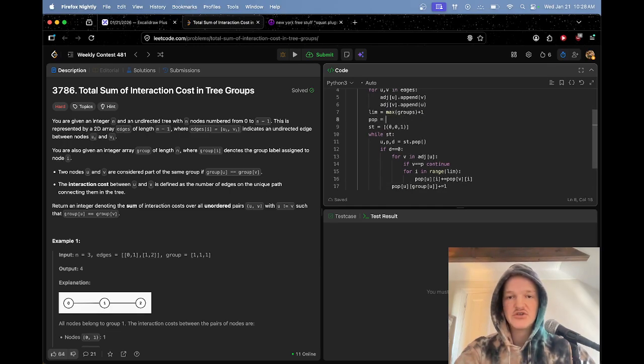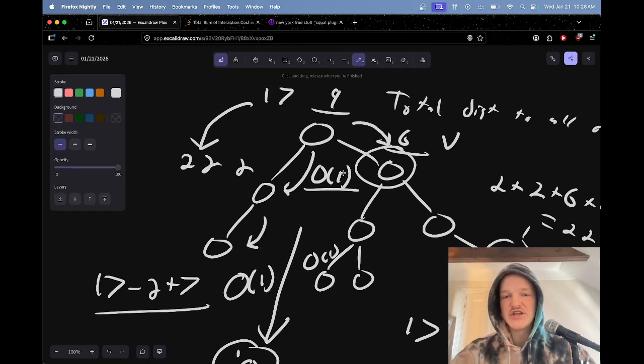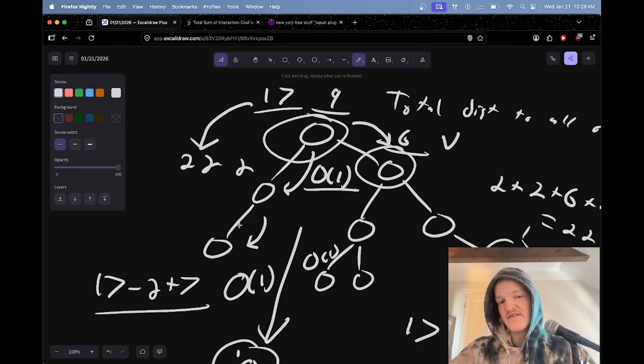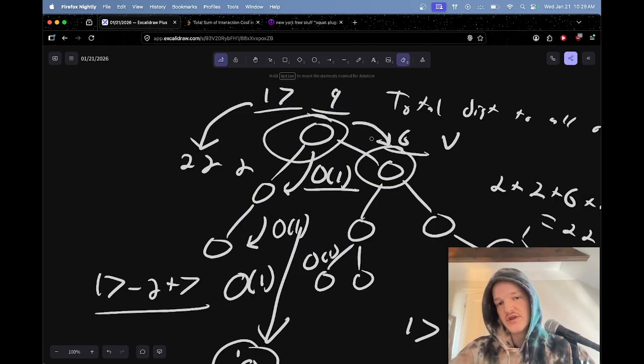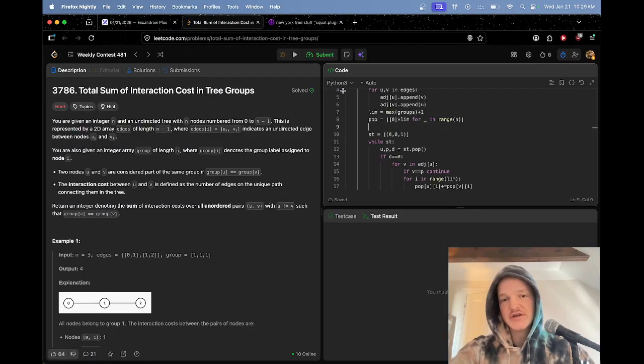So I need population. And then I also want that initial distance. We need to actually calculate, okay, what's the initial distance here? We can just BFS that one specifically. Everything else is a transition based off of that, or a transition based off of something else. But to get the original one to actually transition from, we can just find that initially.